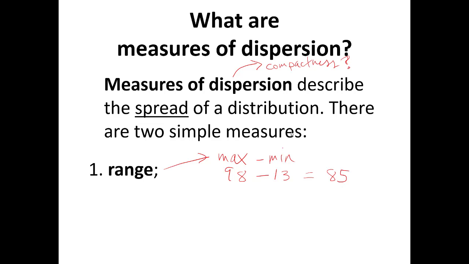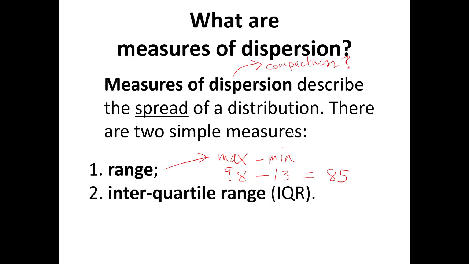There's another measure that's a little more complicated to calculate, and we'll rely on software to do that, something called the IQR, or the interquartile range. So this is just the distance between, oh, that doesn't look good. Looks like a 6. Is the distance between Q3, which is our third quartile.